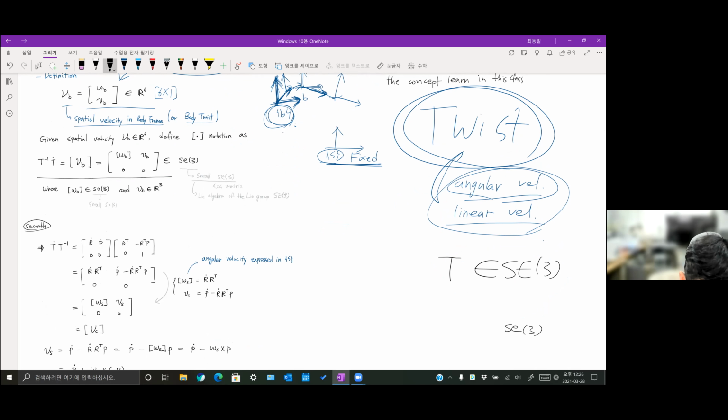This one becomes twist. And twist itself is a 6x1 vector. So when we take some kind of bracket, it becomes a 4x4 matrix. So this one is small se3, and this one is the same as T inverse T dot.